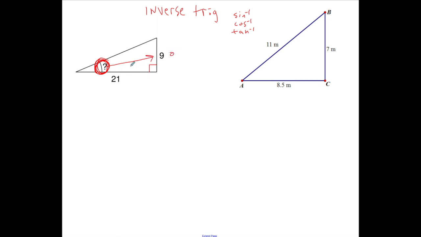Opposite, we have that O. Right next to it, touching it, A. We don't know the hypotenuse, so we can't use that. So O and A, that would be TOA, tangent. So tangent of x, we don't know the angle as we're looking for the angle, equals 9/21. Now to solve this, we use inverse tangent, as the little -1 means, and we put in our fraction, 9/21.